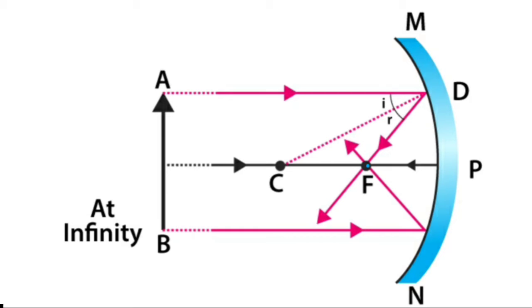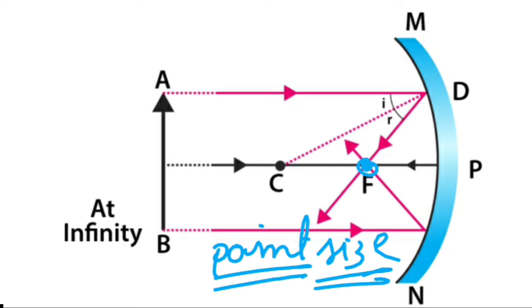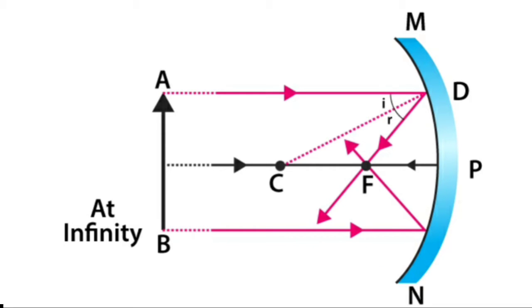And if you look at the size of this image, you will find that it is point size. Very small, so it is called highly diminished. Also, a real image formed by a concave mirror is always inverted, meaning in the downward direction.